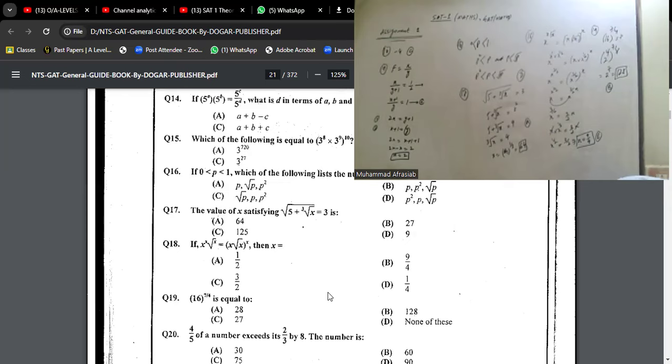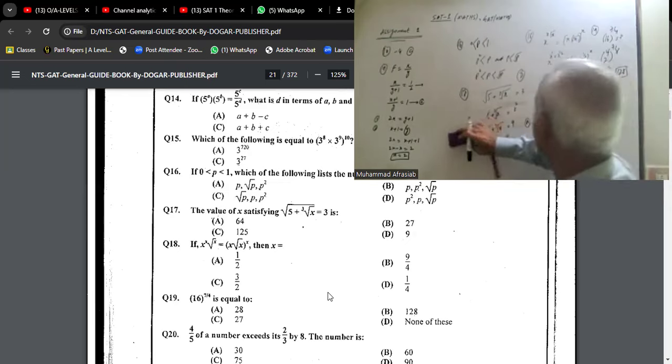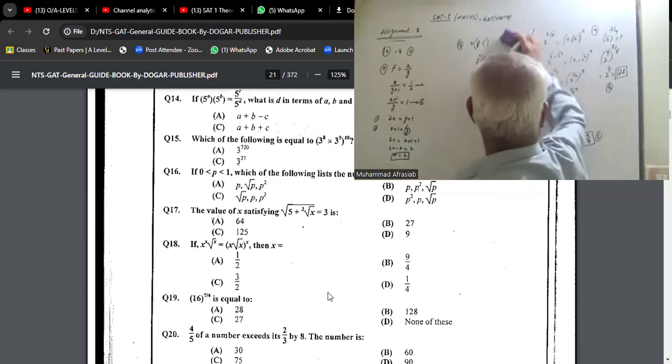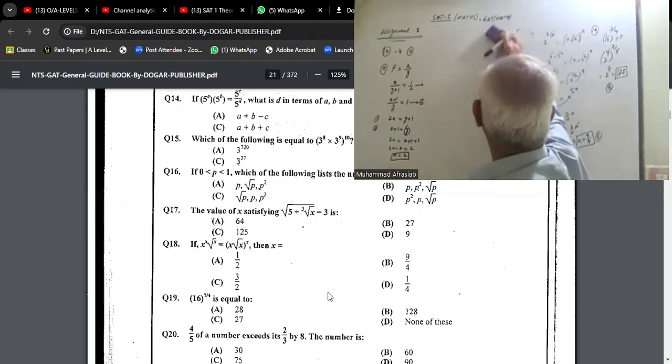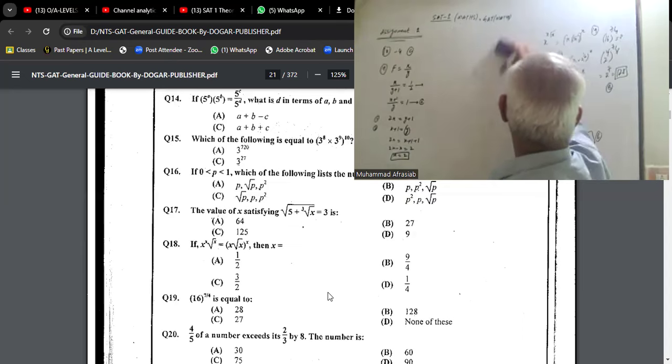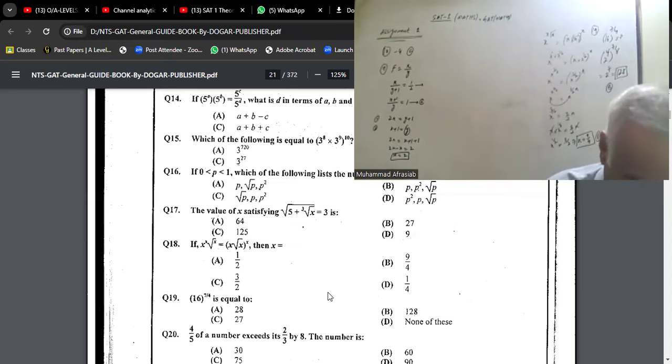Then question number 20. Four over 5 of a number exceeds its 2 by 3 by 8. What is the number?